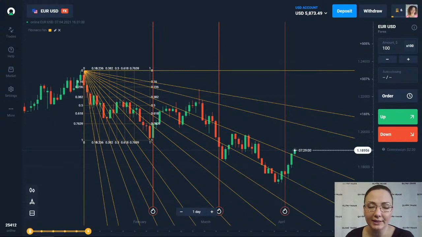Now, a few things as my recommendations, my friends. The Fibonacci indicators, whenever you are placing them, we do have to have a trending market, not a flat one. You don't want the price to be moving sideways, so we do have to have a clear direction of the price movement. The Fibonacci indicators are much more reliable and much more useful when you use them on a higher time frame.